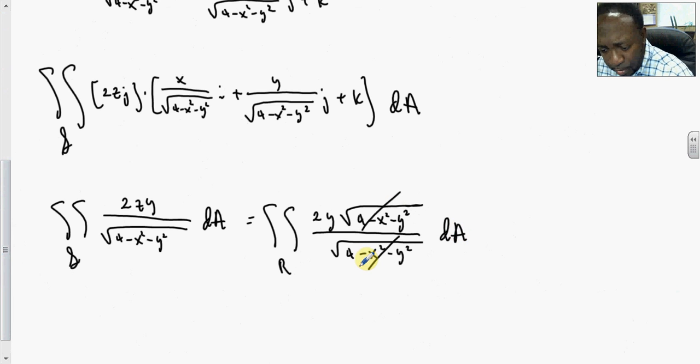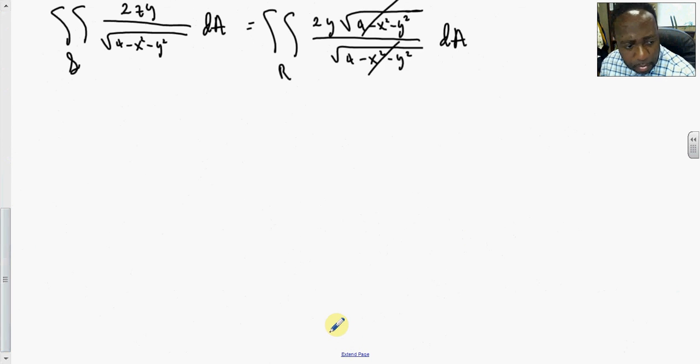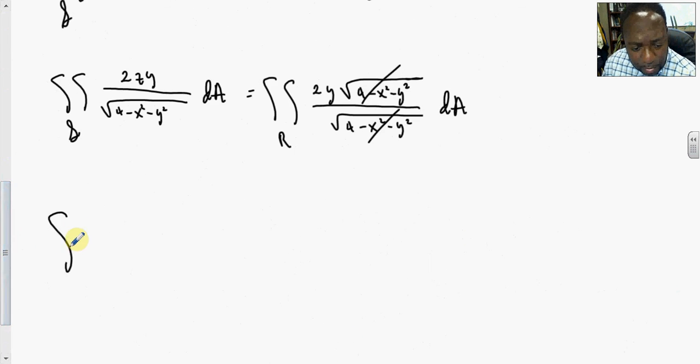Now the radicals cancel. So we have this double integral over the region of 2y dA.